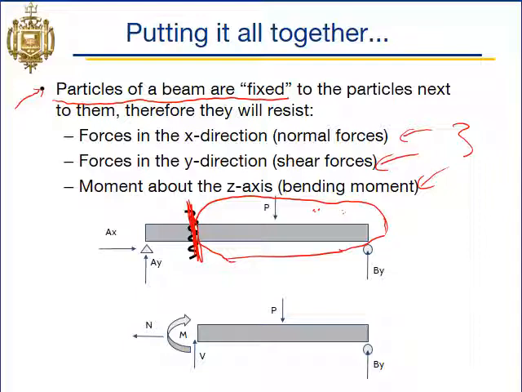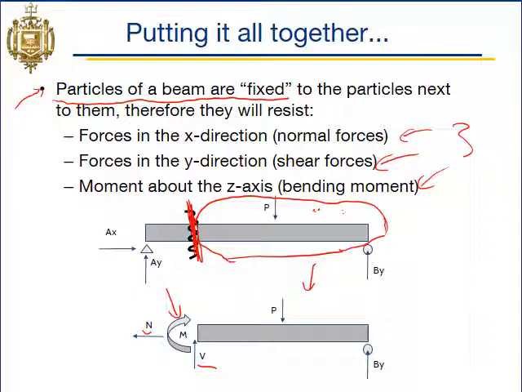So we'll analyze that down here. So we know that the particles here are fixed, so this is our fixed connection. So a fixed connection gets a y force component, an x force component, and a reaction moment. And then we have a force P here, and then our reaction force By here.